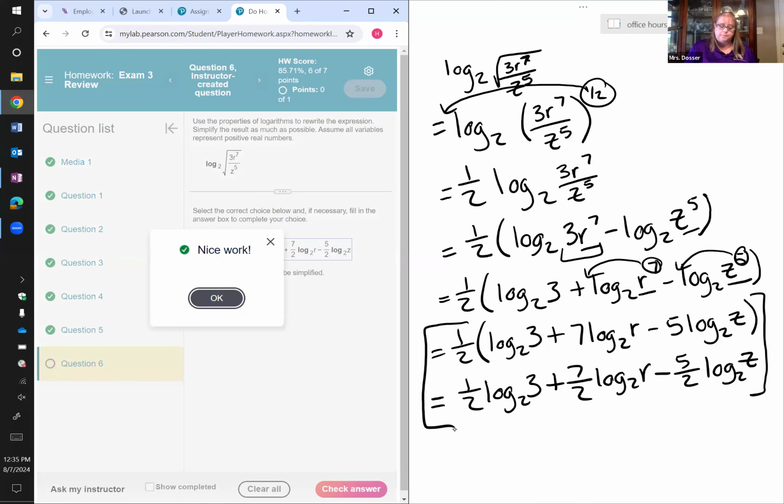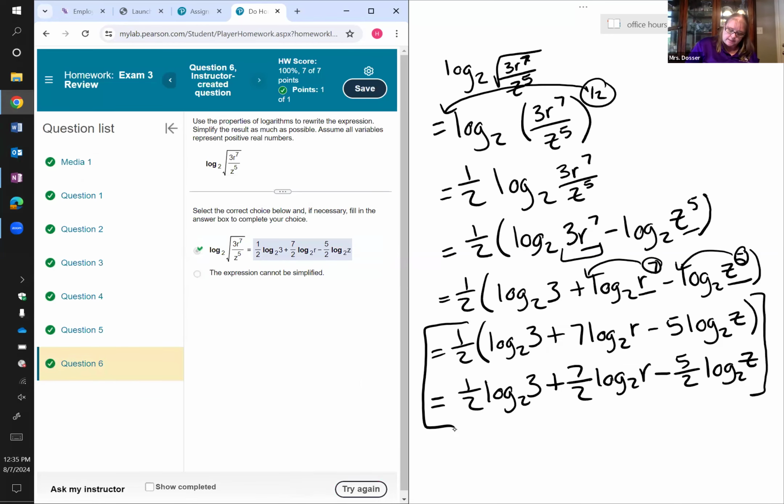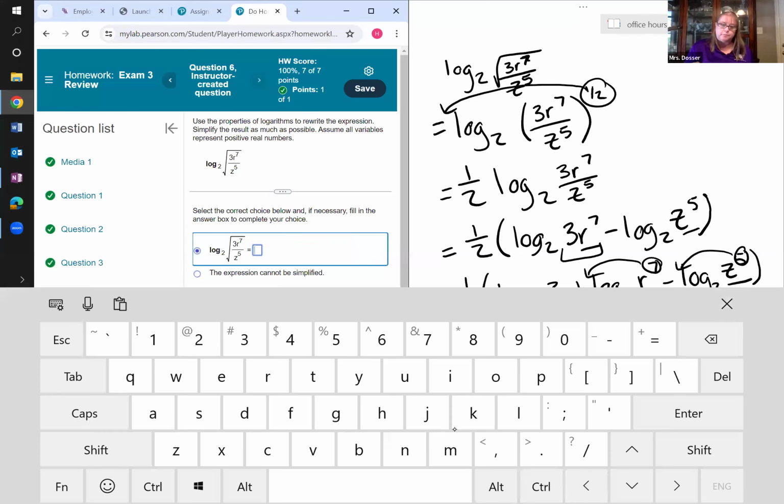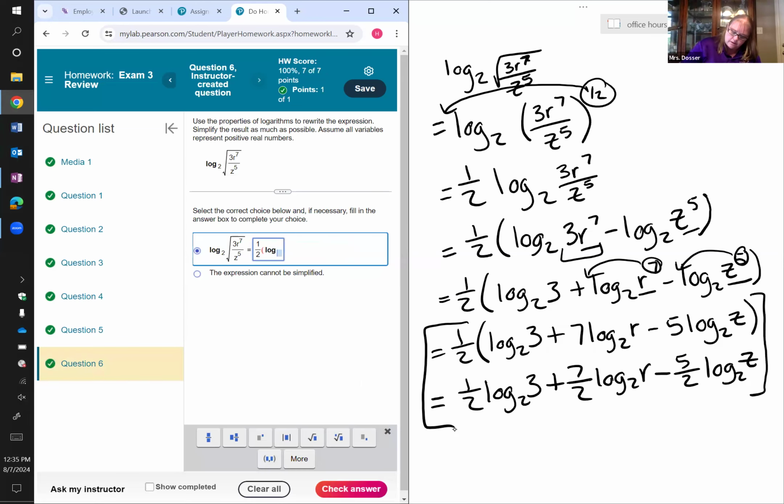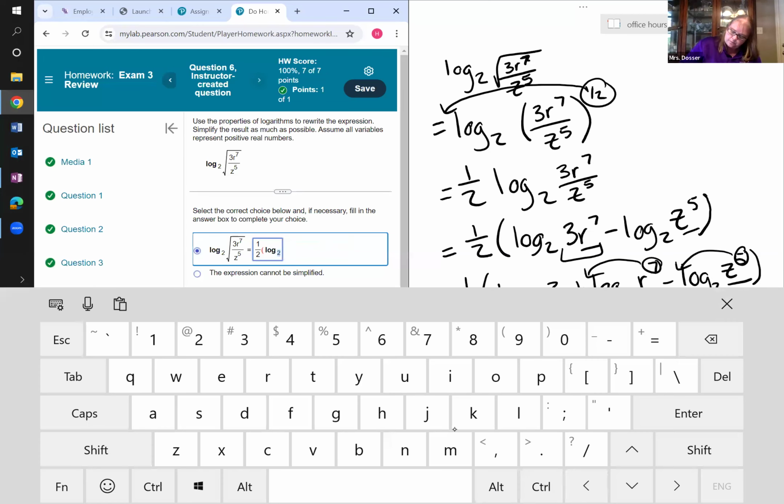That is our answer. And I'm going to show you that it also works if we enter it with the parentheses, the first way we have it written there. So the 1/2, and then we're going to arrow over, and then we're going to open parentheses, and then we're going to enter log. Again, we need the base of our log. Our base is 2.